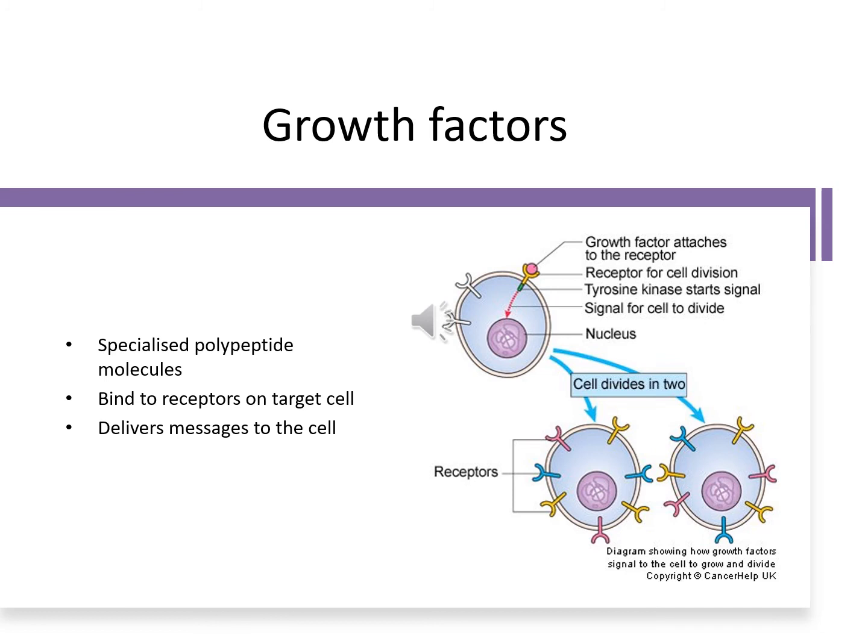And having a look at the image on the side there, you can see that it takes the message. If you look at the top part of that image, we've got a growth factor that comes along. So that's that little circle thing there. And it attaches to the receptor, which is that orange looking thing on the surface of the cell.